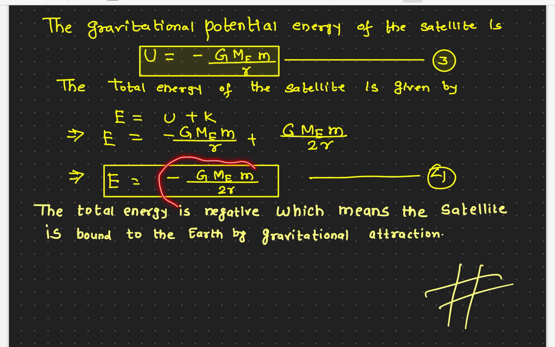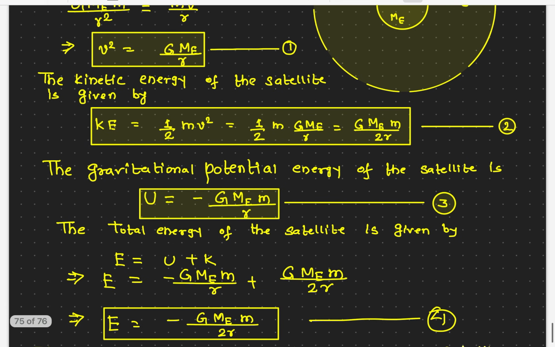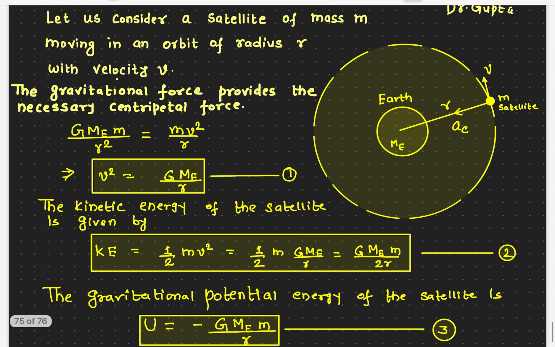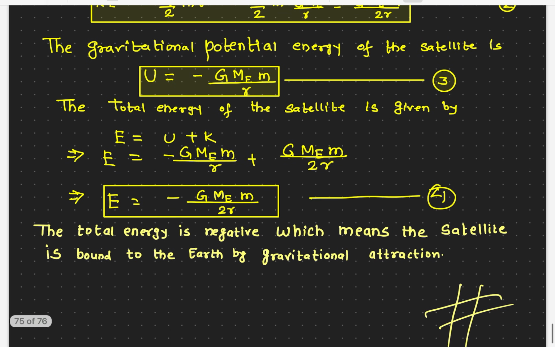And this number also tells you that if I supply this much energy to the satellite, then it will be infinite distance apart. Or in other words, in order to increase the gap between the Earth and the satellite to infinite distance, the amount of energy required will be this energy.